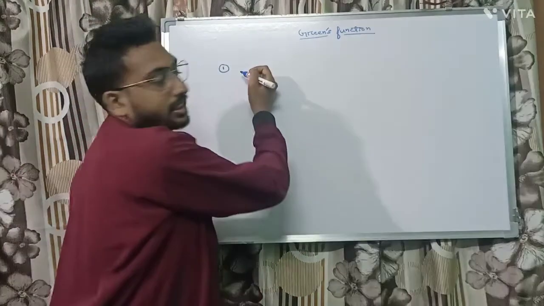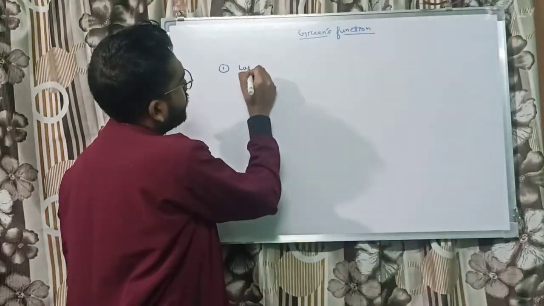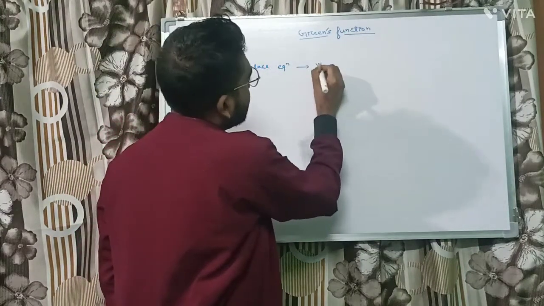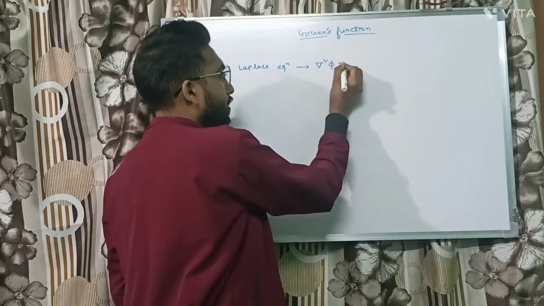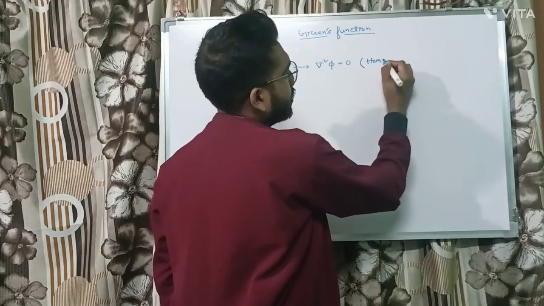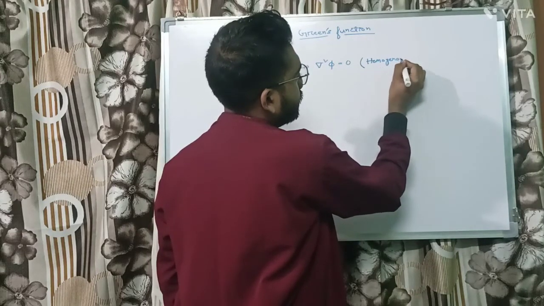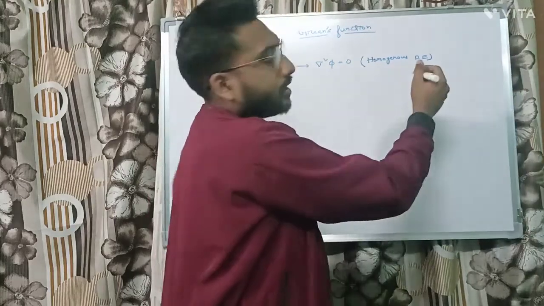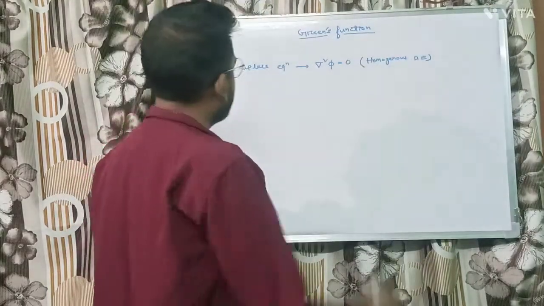Some examples of differential equations in physics are the Laplace equation, which is given by del square phi equals 0. This is an example of a homogeneous differential equation. I am writing differential equation as D.E. for short.